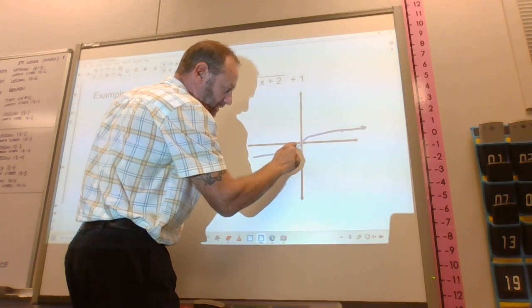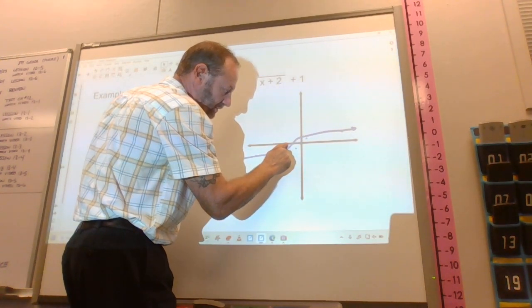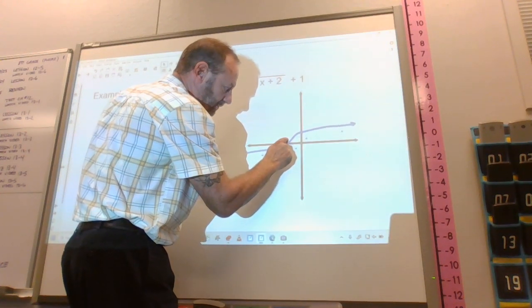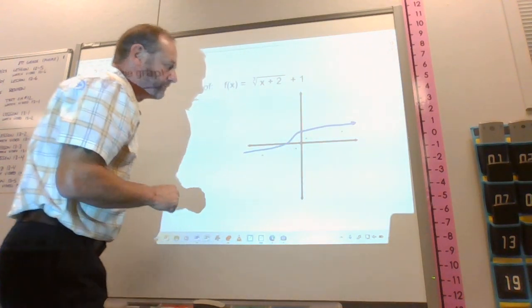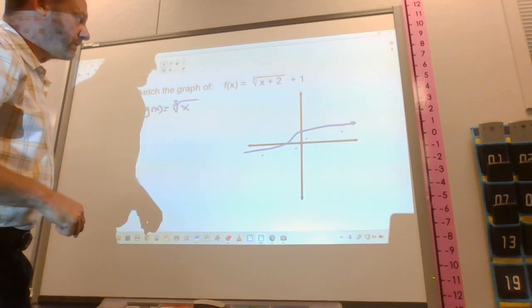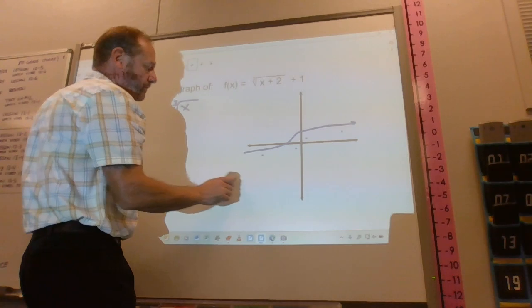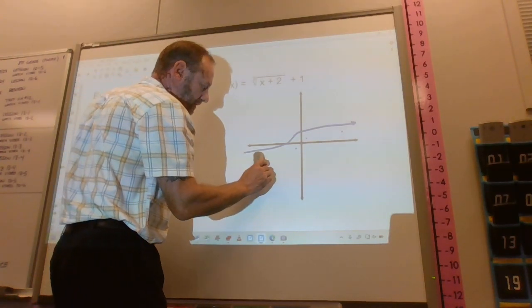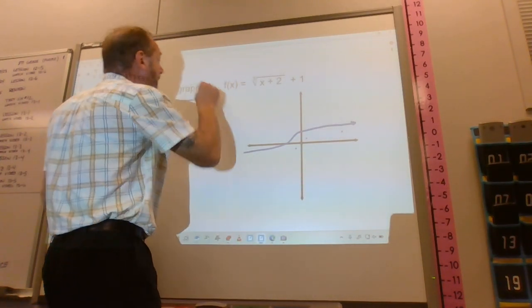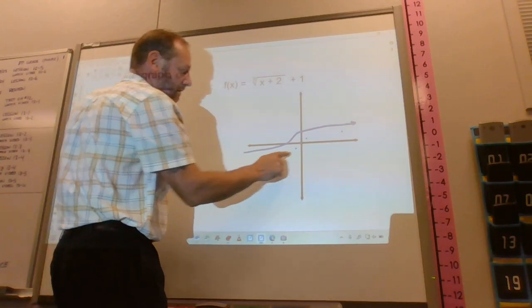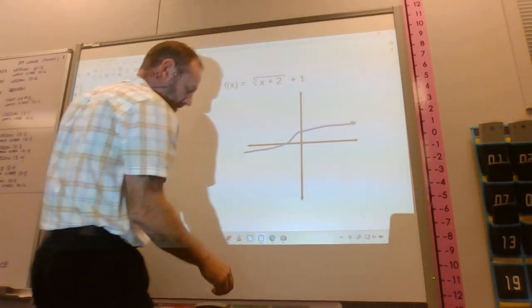I'm going to move it 2 to the left and 1 up. It's going to look just like that. Then I can get rid of these other points that are on here. And I've got my graph.